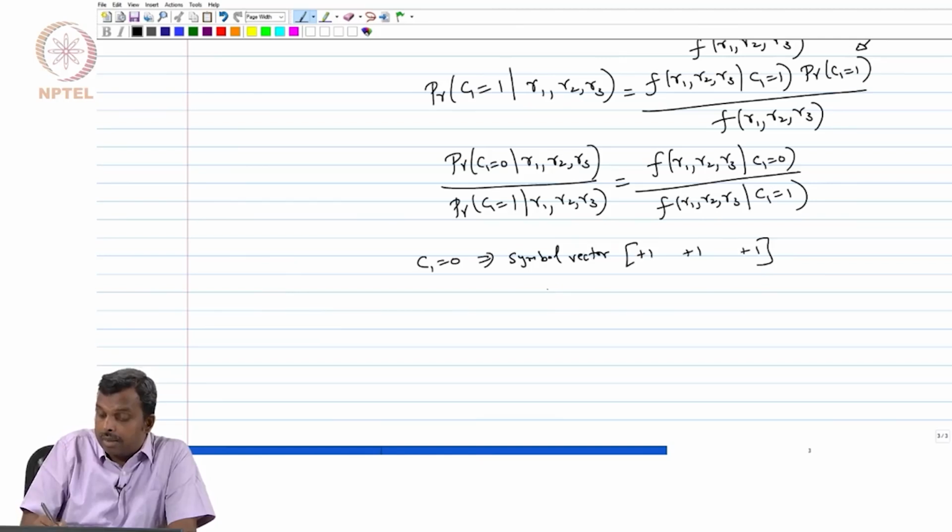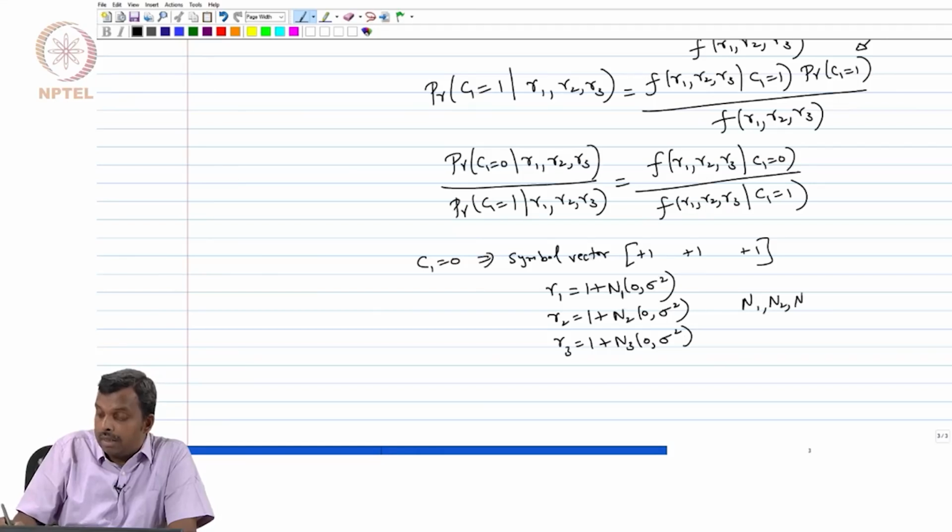So that implies R1 equals 1 plus N1, normal with mean 0 and variance sigma squared. R2 is 1 plus N2, normal 0 sigma squared. R3 is 1 plus N3, normal 0 sigma squared, and N1, N2, N3 are independent.